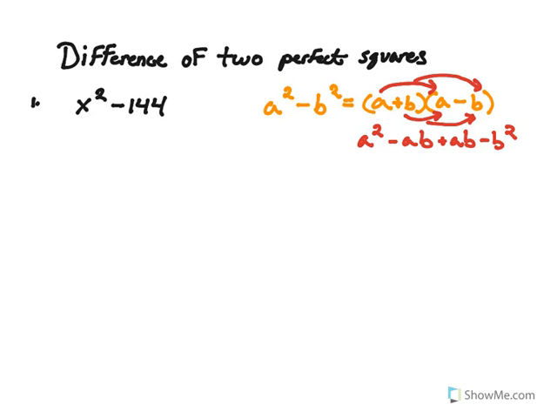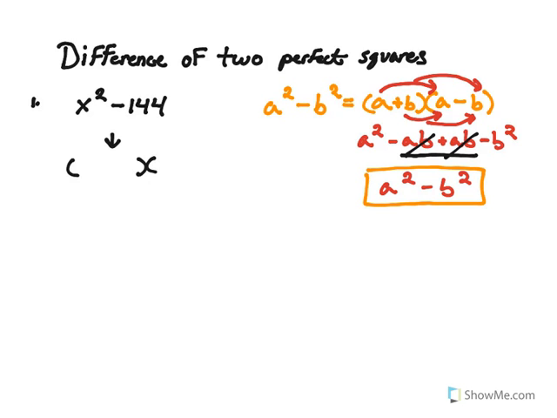Notice that the minus ab and the ab right here cancel each other out. So then I'm just left with a squared minus b squared. And that is the difference of two perfect squares. So if you want to factor this, this is going to equal this. You can factor it immediately by following this format.